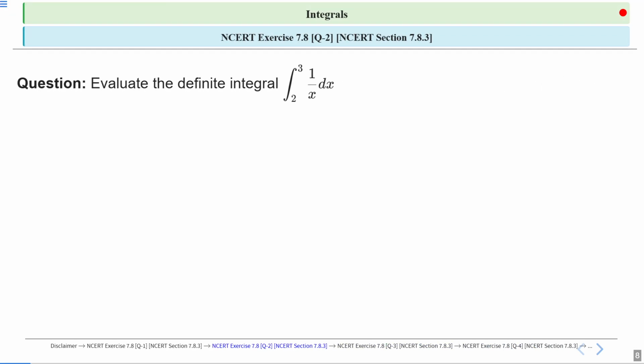So question number 2 is: evaluate the definite integral from 2 to 3 of 1 by x dx. So try.